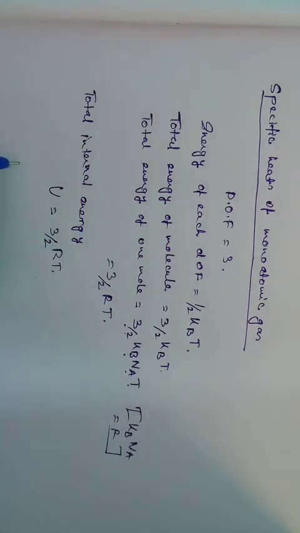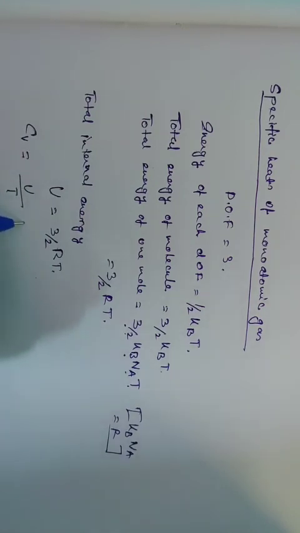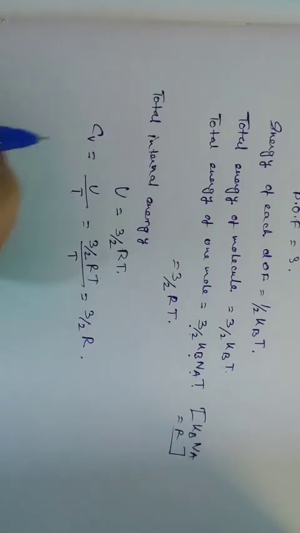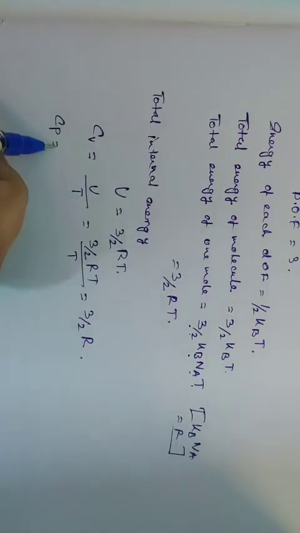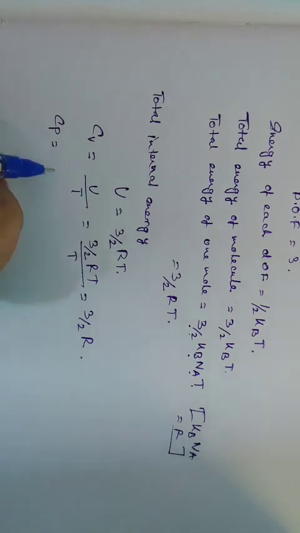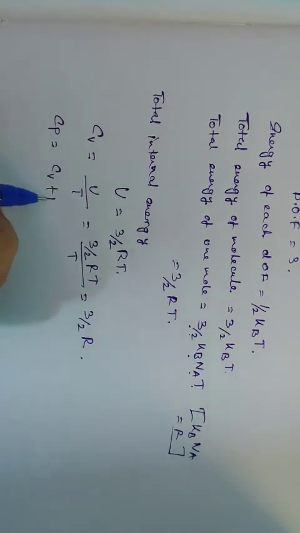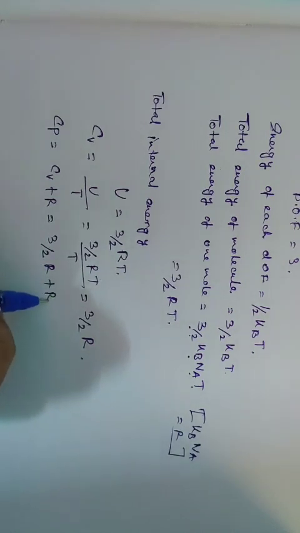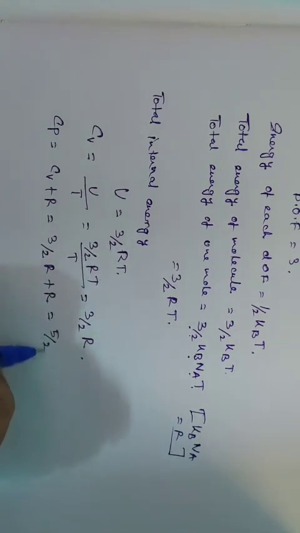So we can find out the molar specific heat at constant volume, that is Cv equal to dU by dT, that will be 3 by 2 R. Now what will be Cp? We know Cp minus Cv equal to R, so Cp will be Cv plus R, 3 by 2 R plus R, which will be 5 by 2 R.